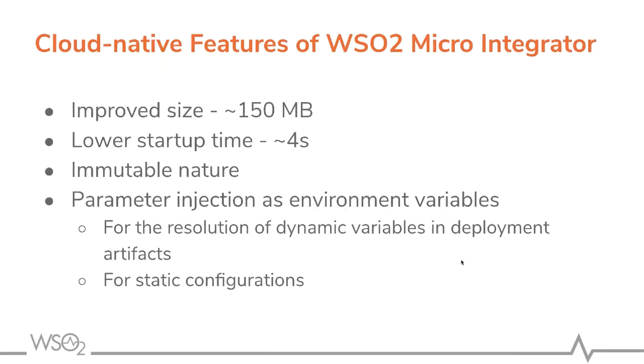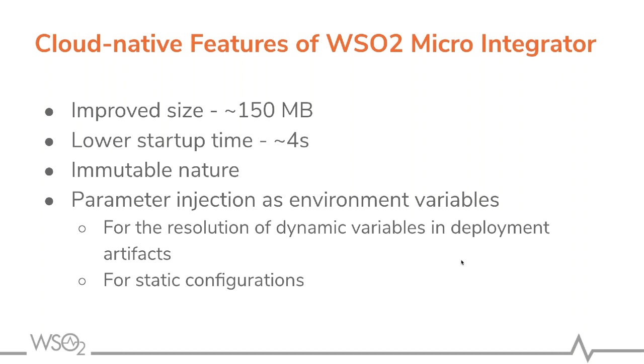When we are going to microservices, we have to consider some cloud native features because they are related together. In the world of cloud, having a lower size is really important because it reduces the time to pull images and things like that.